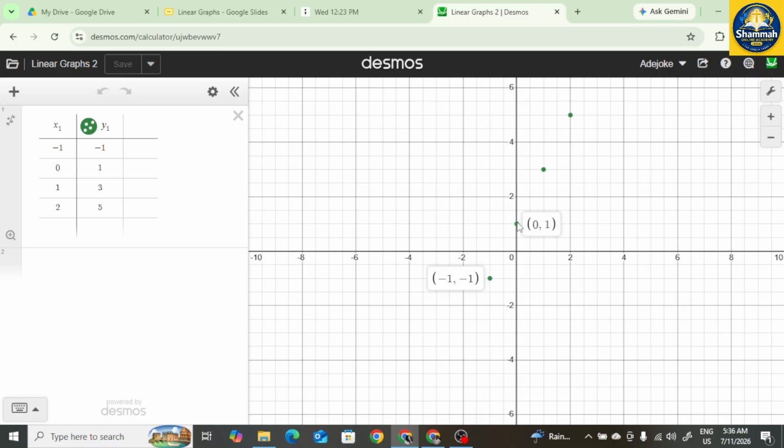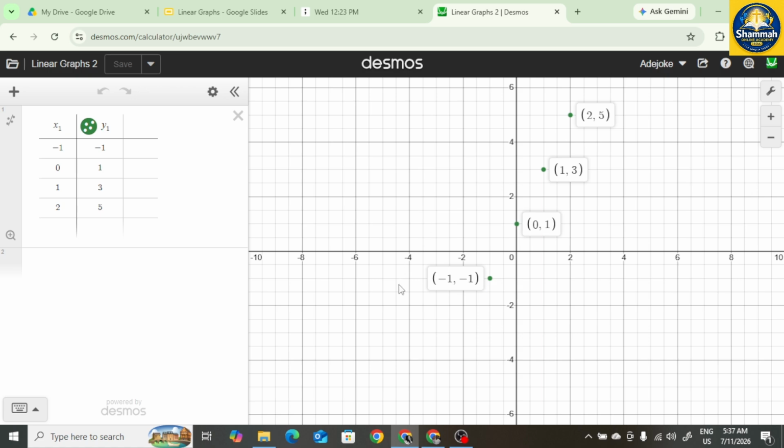Then, this point here, when x is equal to 0, y is equal to what? 1. And then, here we have the next ordered pair, which is when x is equal to 1, y is equal to 3. And then finally, we have this point when x is equal to 2, y is equal to 5.